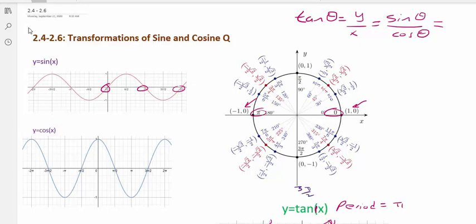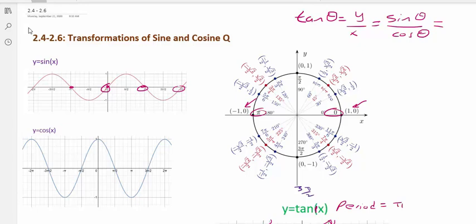So you could look at the unit circle and say it's going to happen at 0, it's going to happen at angle pi. Or you can look at the graph and see right here, you have the y value 0 here, the y value 0 here, the y value 0 here. So sine is equal to 0 at negative pi, 0, and pi. So I should be able to look at the tangent graph, and at negative pi, 0, and pi, I should also get x-intercepts.